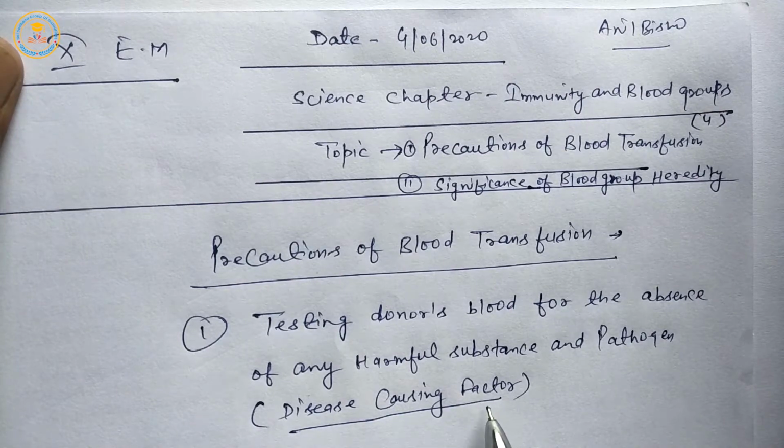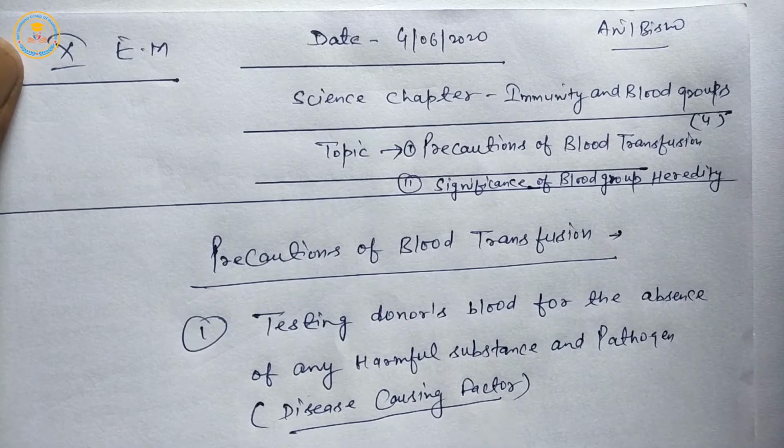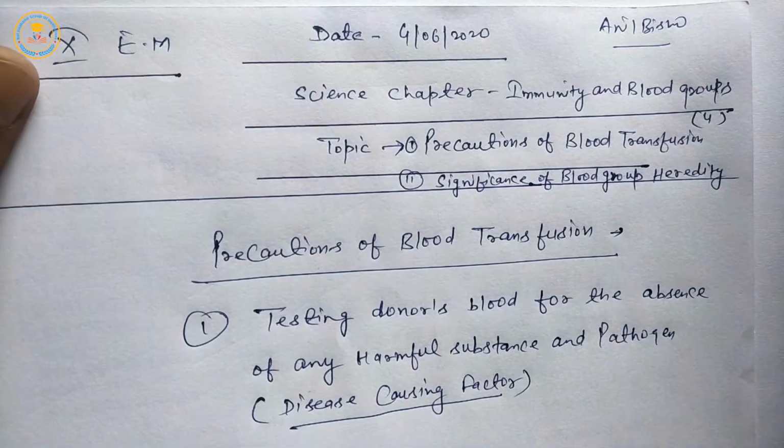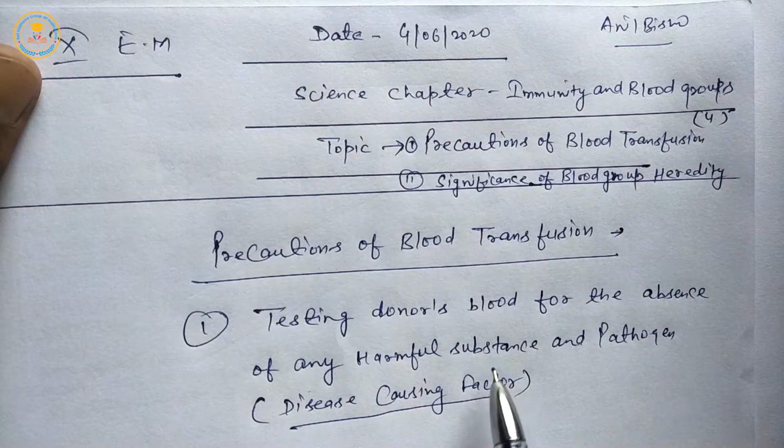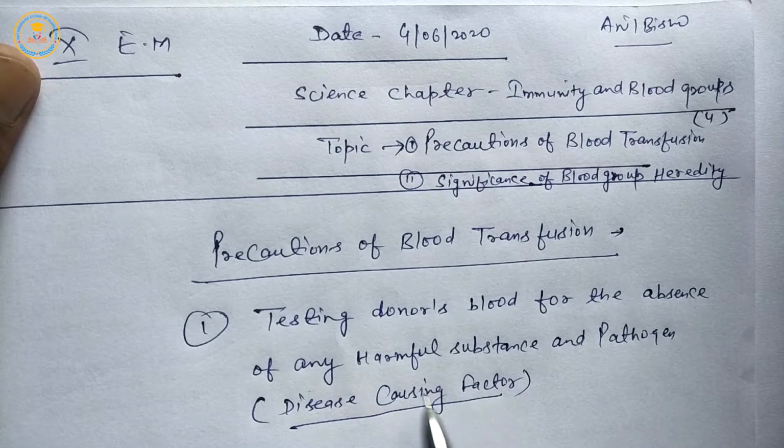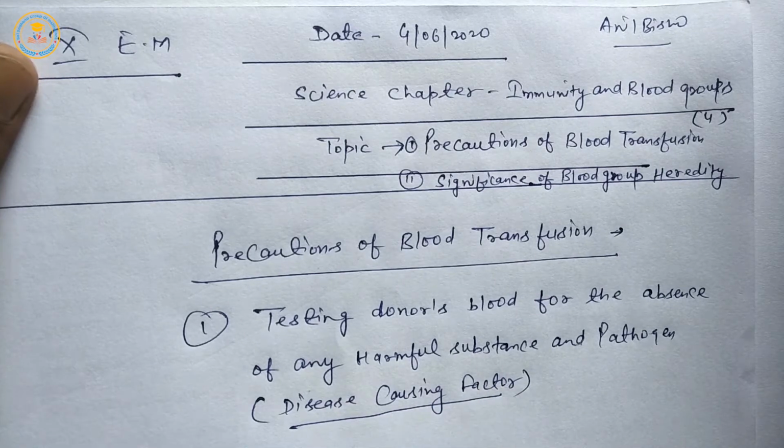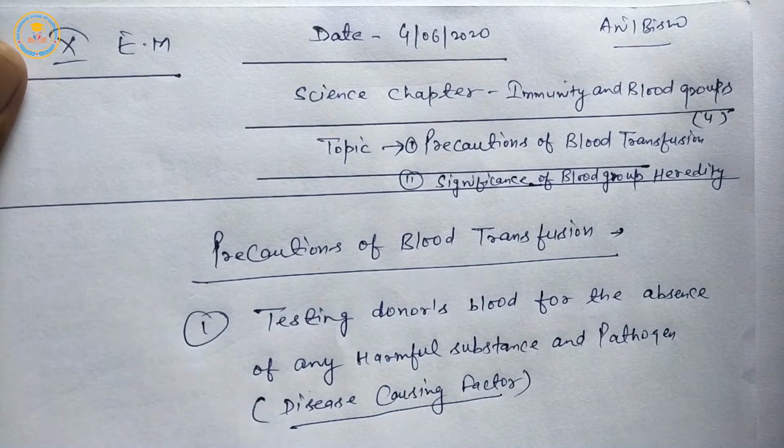Some factors are living, some are non-living. So disease causing living factors and disease causing non-living factors. Harmful substance means some harmful metals like Hg, like Cd, means cadmium.